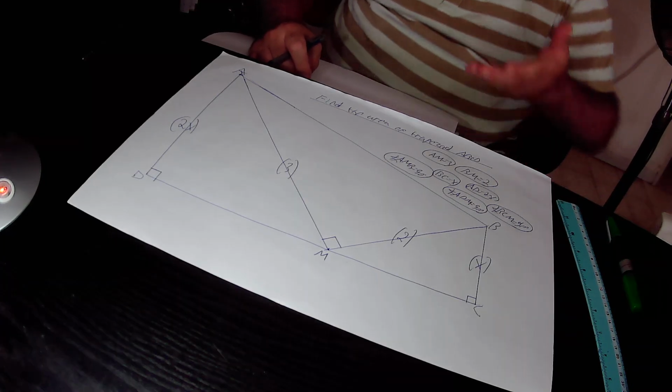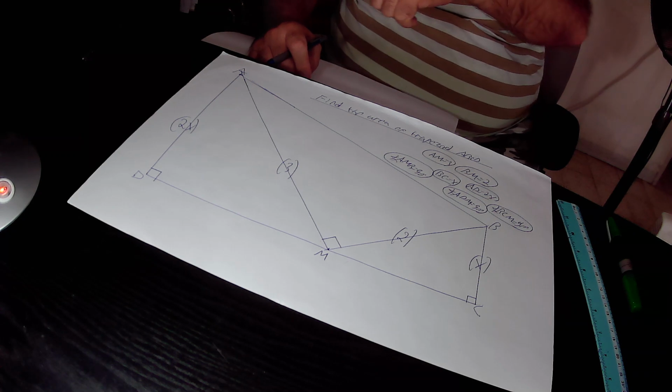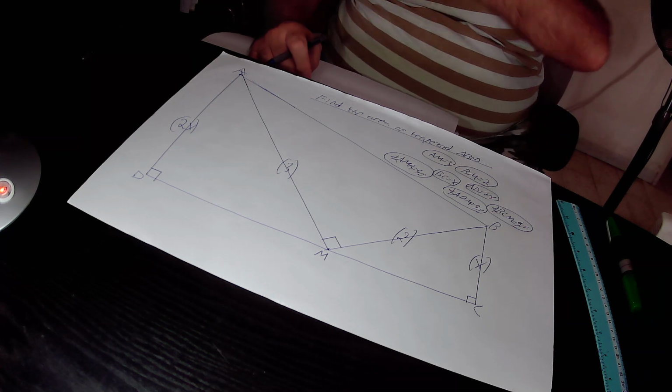So our mission in this second question is to find out the area of this trapezoid ABCD. It is a different trapezoid.